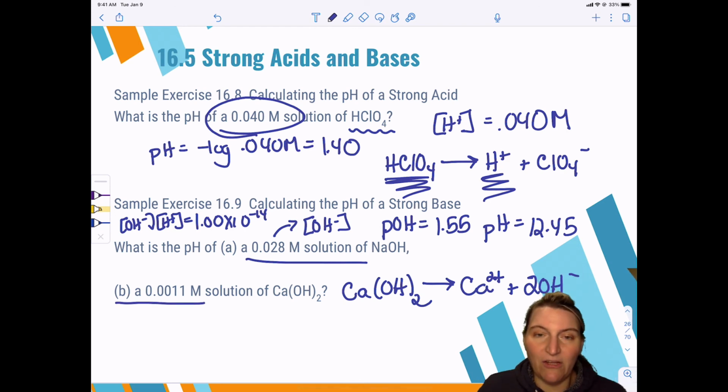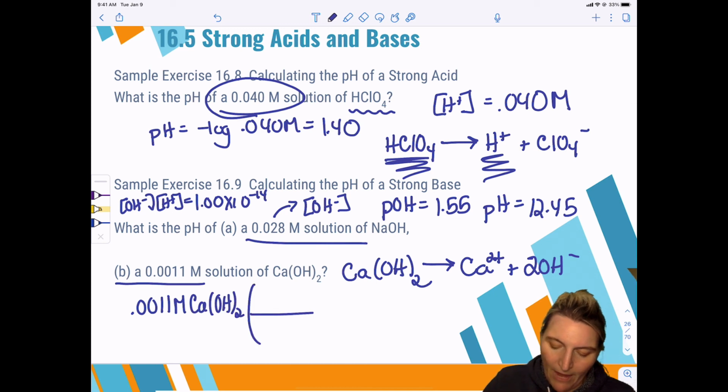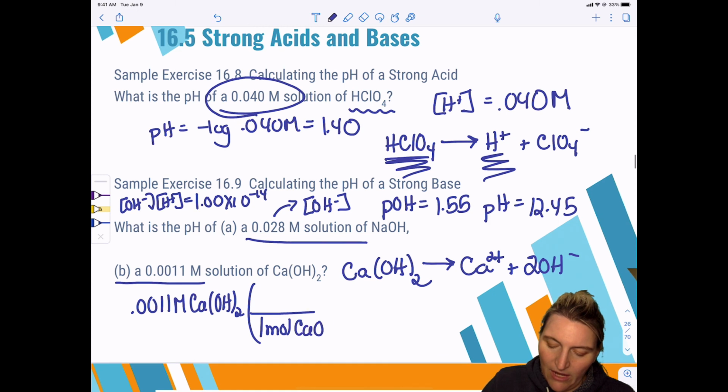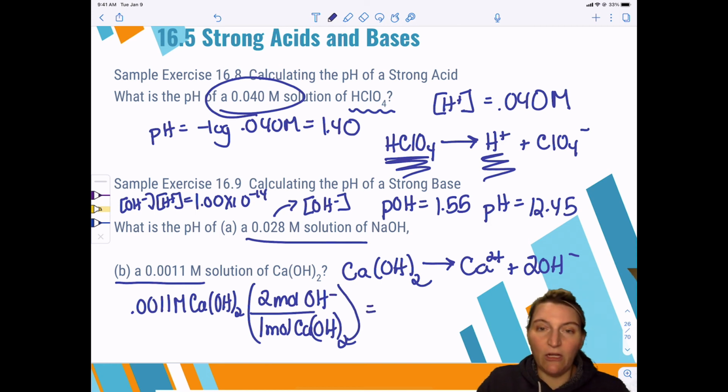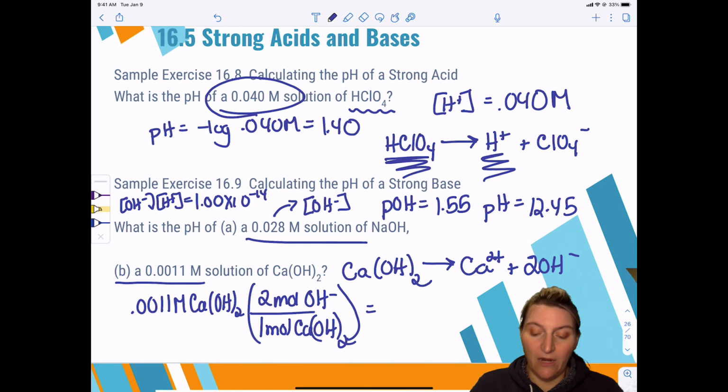So if I have this molarity, calcium hydroxide, 0.0011 molar, Ca(OH)2, I need to remember that for every 1 mole of Ca(OH)2, I will produce 2 moles of OH minus. This is me showing you the stoichiometry, the dimensional analysis. When you're doing this on a test, you just look at it and go, okay, multiply by 2.